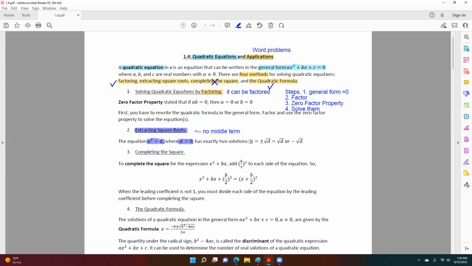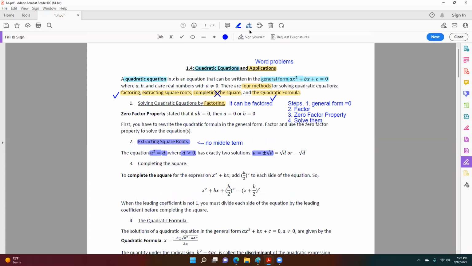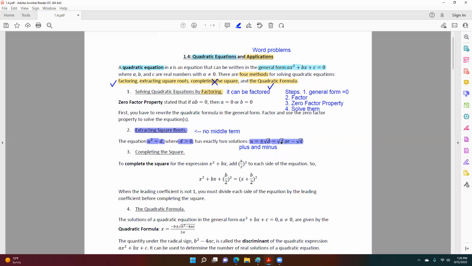However, when you square root both sides, this is something very, very important: you need to have plus and minus. This is where a lot of students get it wrong in the extracting the square root method; they forget to do plus and minus. So in other words, you will have 2 answers here. One of them is positive and one of them is negative.